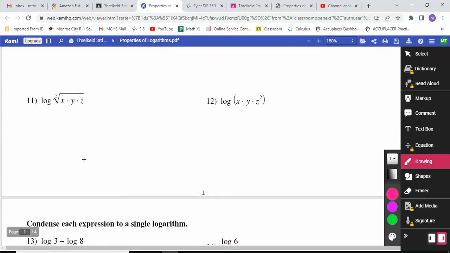Let's look at 11. A cube root is like what power? 3 squared, or 2 thirds.